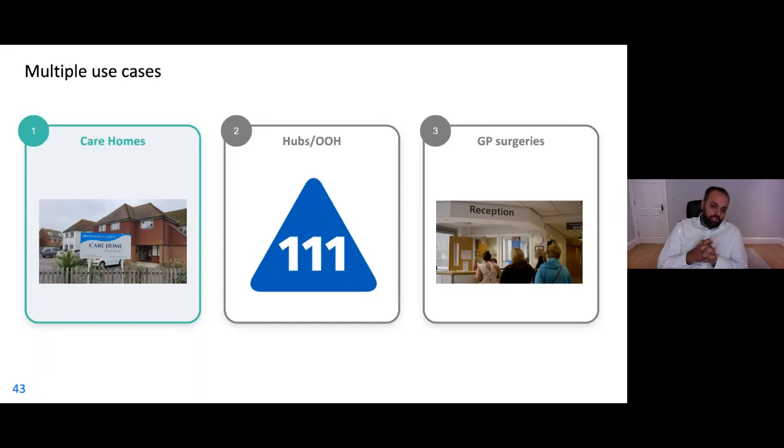Secondly, it can also be used in hubs and out-of-hour organisations. If you think about people who are coming in with flu, you wouldn't know if that's flu or COVID, a first pass, and you might want an ARC station to be in a hot room or an isolation room where anyone coming in with symptoms of flu use the ARC station first rather than having a risk of cross-infection.